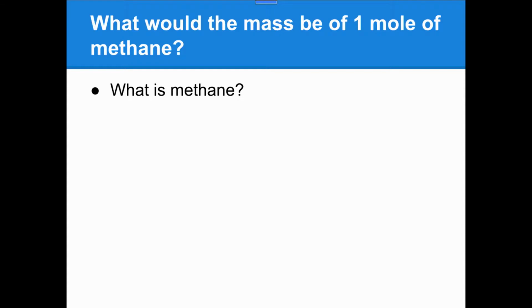Methane is kind of a weird one, and that's why I'm using this example, just so that you know that they are possible. If you were to ever run across one, I would always tell you what it was, just like I'm going to do here. So don't ever worry that I'll give you one of these on a test or quiz or anything like that. So methane is CH4. It's a carbon and 4 hydrogens bonded together.